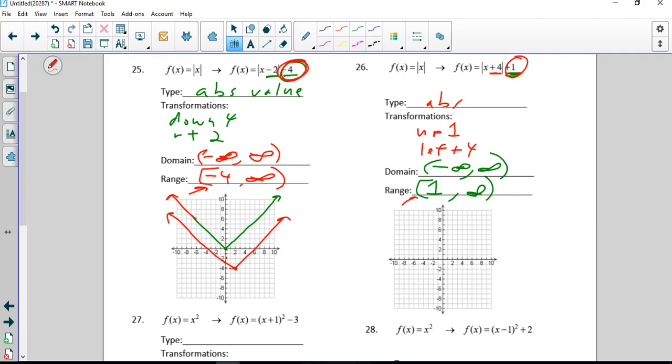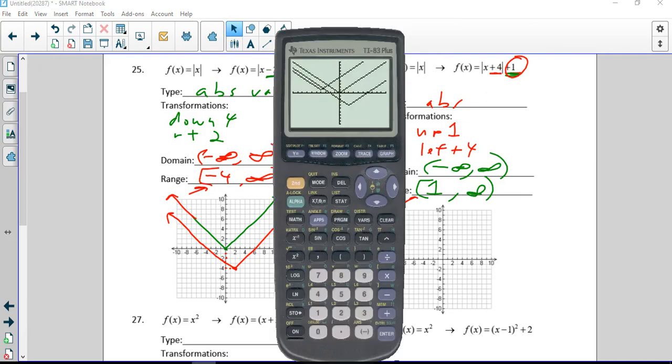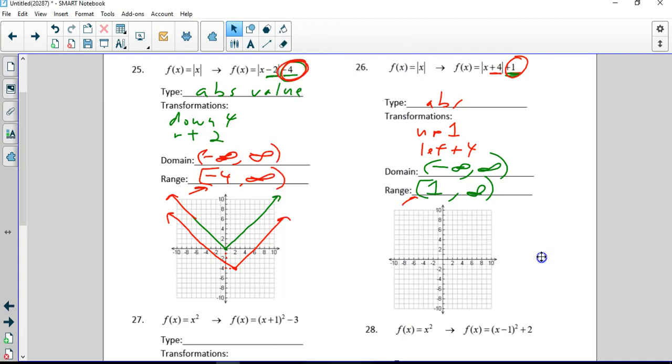Or if you wanted to, you could always look at your second table: 0, 0 for the parent, 0, 2, -2 for number 25, and for number 26, it's over here at Y3, 0, 5. So you can use that also.